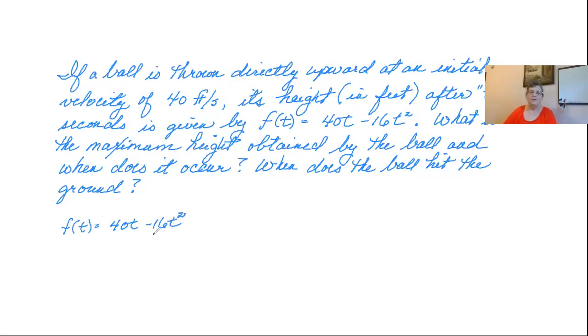And by the way, anytime you see an equation where gravity has anything to do with it, if it's in feet per second, it's going to have this negative 16t squared because that is the acceleration caused by gravity measured in feet per second. They want to know what is the maximum height obtained by the ball and when does it occur? That is the vertex.